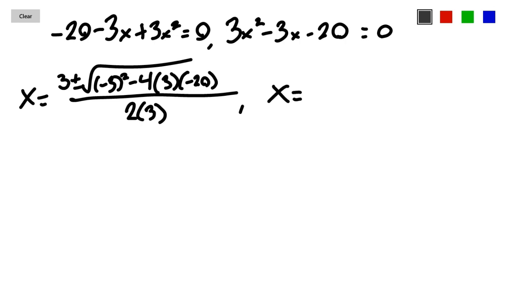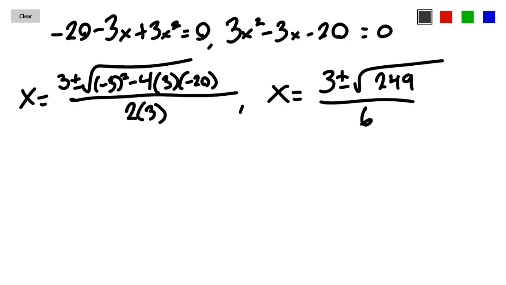So x is equal to 3, plus or minus, so I have 9 plus 240 in there, which gives me the square root of 249 divided by 6.